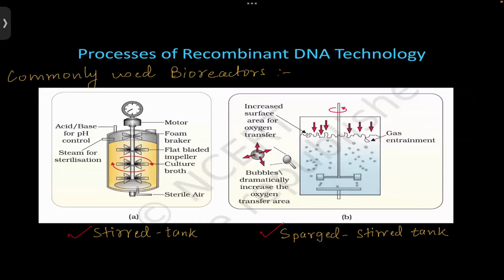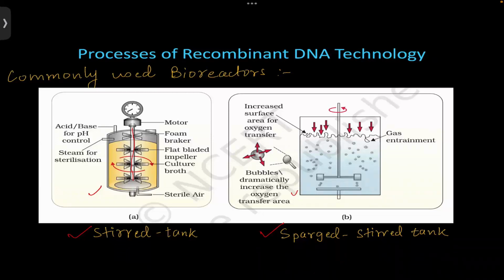Now, in both these images, you can see that bioreactors are nothing but a very large vessel, and within the vessel there is a huge rod where agitators are connected. What do I mean by agitators?